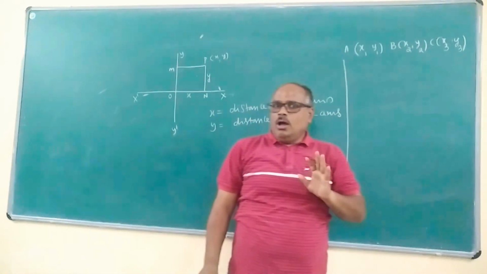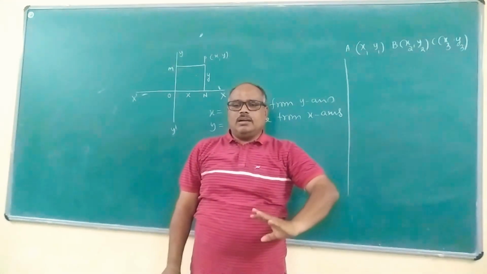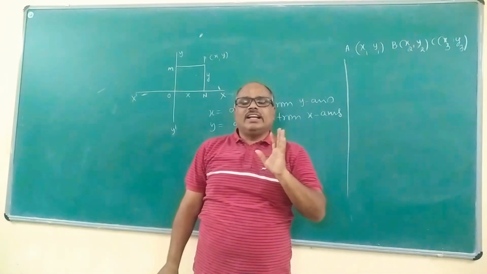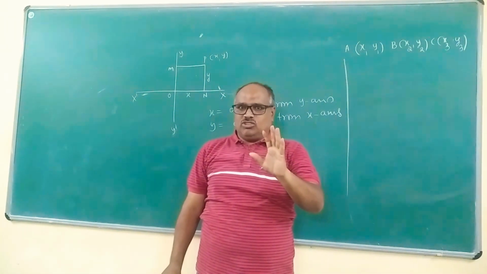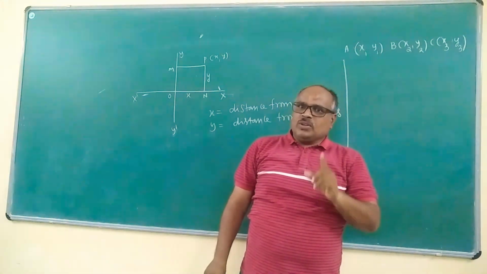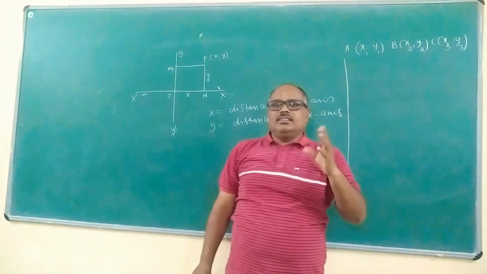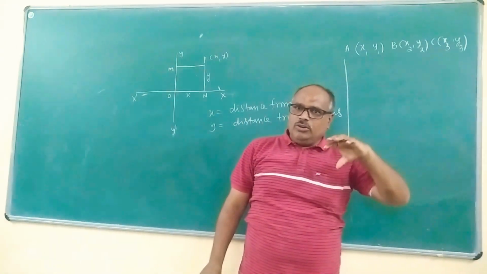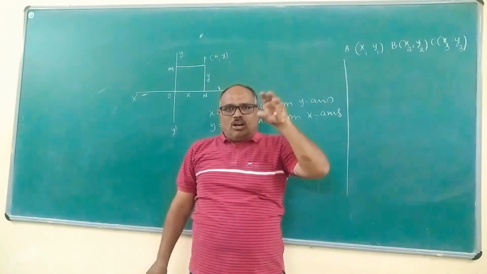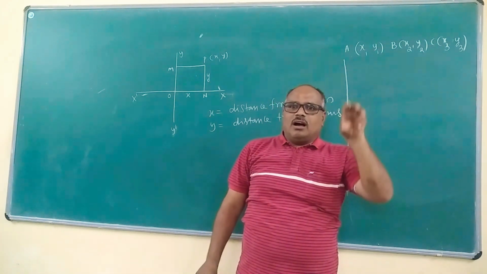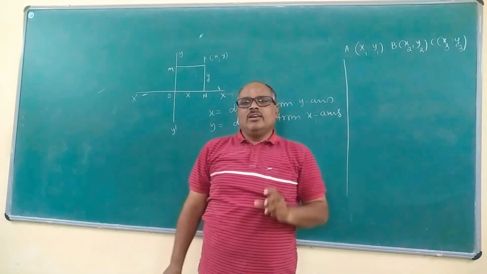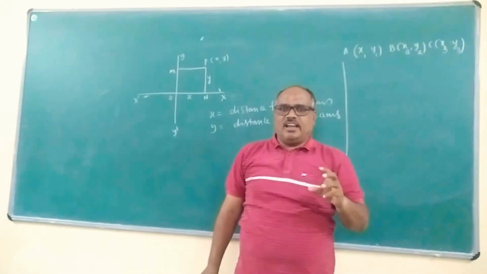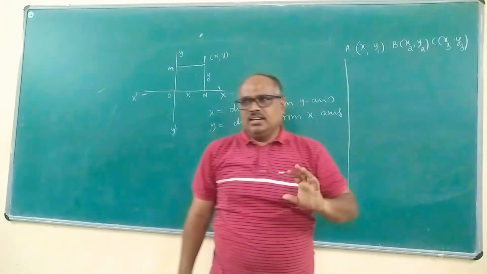Already I told you all geometrical concepts are interpreted algebraically. What we call coordinate geometry or analytical geometry. You know well what an equilateral triangle is? All sides are equal in length. That is the geometrical concept. How are we going to do that with the given points?